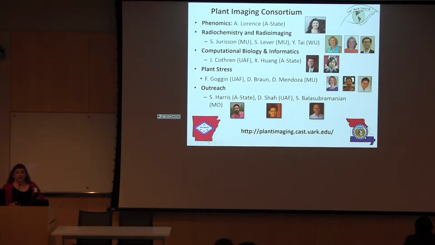Basically, we are a group of plant scientists who came together convinced of the importance of plant high-throughput phenotyping and other imaging tools. What the project allowed us to do is really open the access to some interesting high-throughput phenotyping and other imaging technologies to really empower discoveries in plant stress biology.